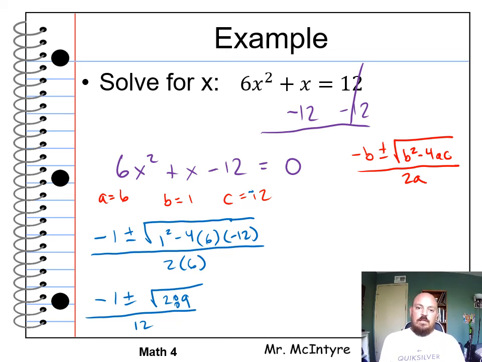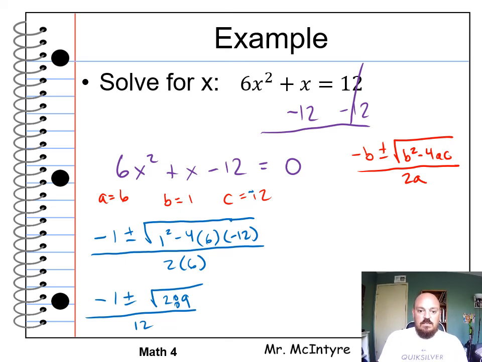And you can use a calculator for that part. It's fine. But the square root of 289 is 17. That's a perfect square. So one thing that tells me is this question actually was factorable. Like I said, I still don't want to do it because there's too much guessing and checking involved, but you could have solved this one by factoring. Since we're already most of the way through, I'm just going to finish out the quadratic formula.